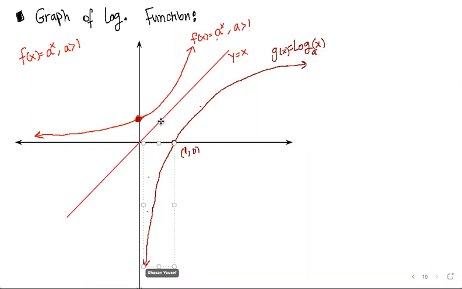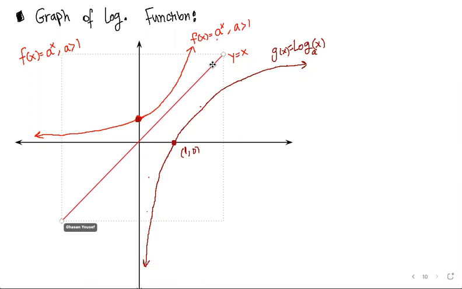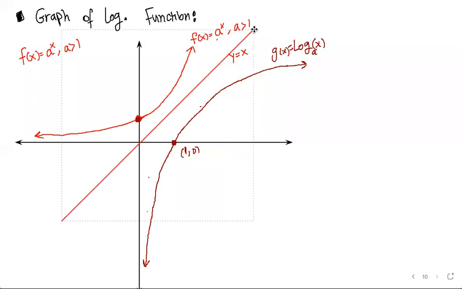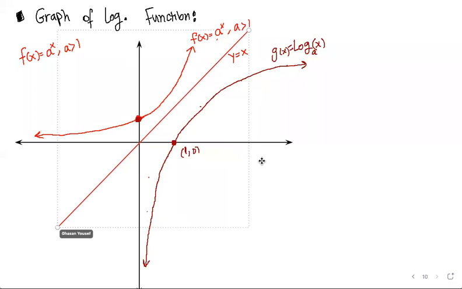This is x equals 0. The equation of the line of the y-axis is x equals 0.